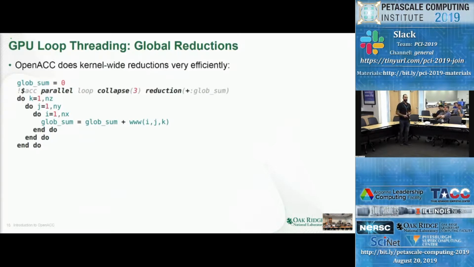If you were to try to handle this with an atomic update, remember the more threads accessing it at the same time, the worse atomic performs. In this case, you really want to use the reduction clause because under the hood, the compiler is going to use vendor-provided libraries like NVIDIA's CUB library, and AMD has some of those available too. Intel does as well. They're going to use those optimized libraries under the hood to do the reduction for you, and this will perform very efficiently in practice.